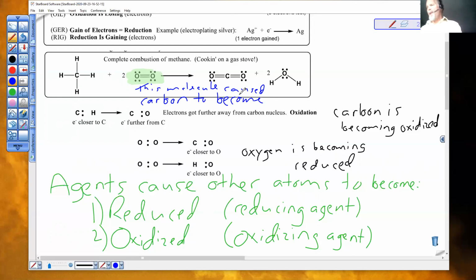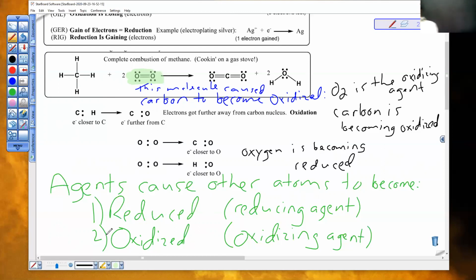That means the other molecule that's not here caused it to happen. This molecule caused carbon to become oxidized. Summary: O2 is the oxidizing agent. If O2 was not there, carbon would not have become oxidized.